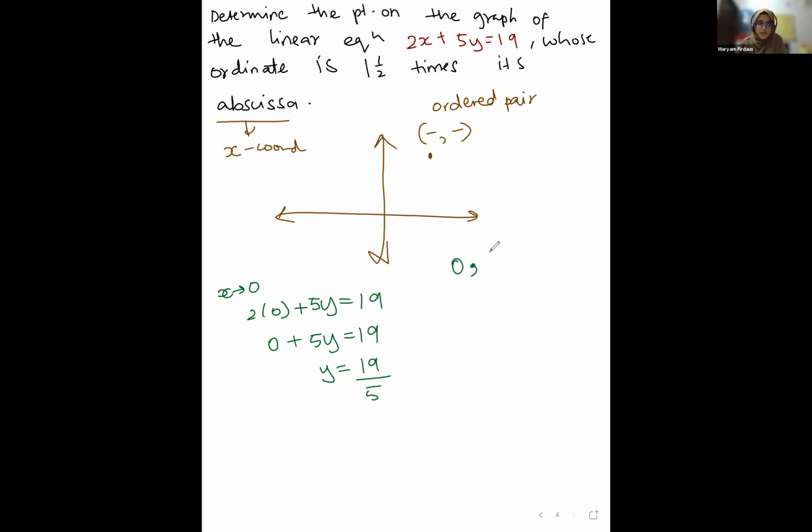That one solution is 0, comma 19 by 5. But there are going to be a lot of points, right? Let's say the line is like this. The point that you have found is this one, 0, comma 19 by 5. We want a point whose ordinate is 1.5 times its abscissa.